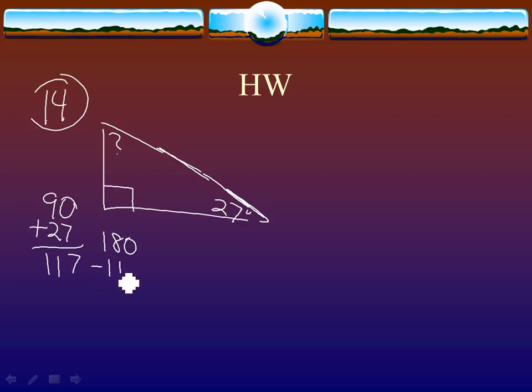Subtract that from 180. 63 degrees. The three angles of a triangle must add up to be 180. You could have been writing all this down.